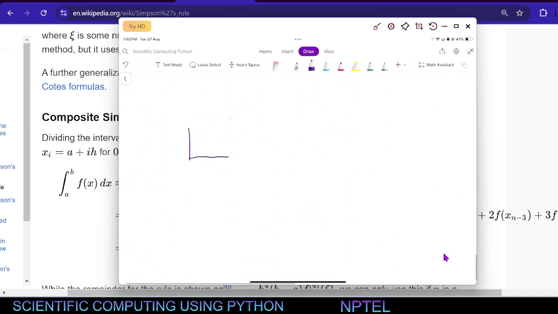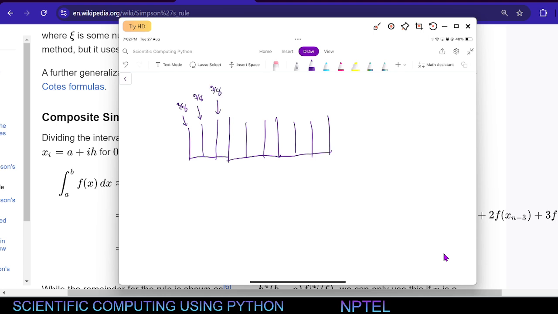So we have multiple segments. Each segment has 4 points, right? Like this. So this is getting 3 by 8. This is getting 9 by 8. This is getting 9 by 8. So far so good. This gets 3 by 8 from this side, and from the other side it gets again 3 by 8.